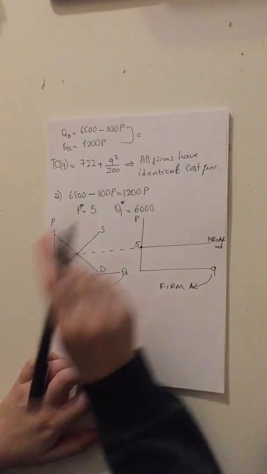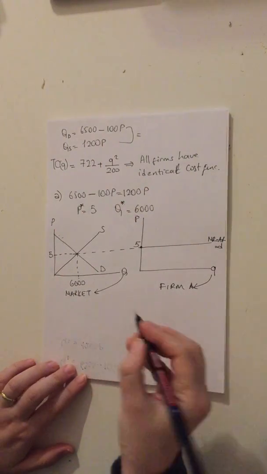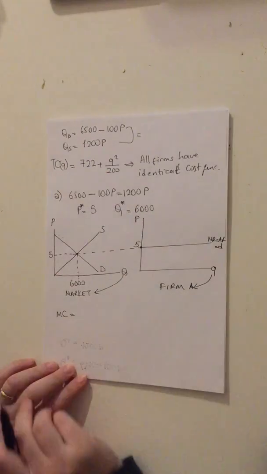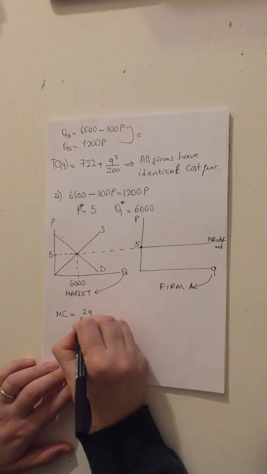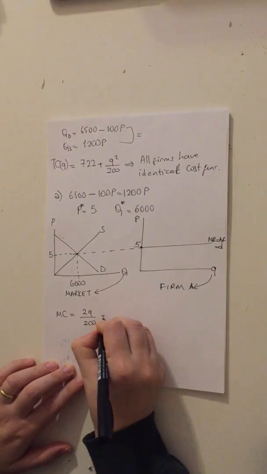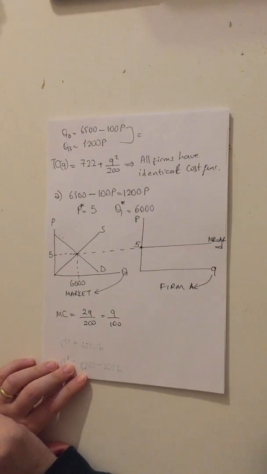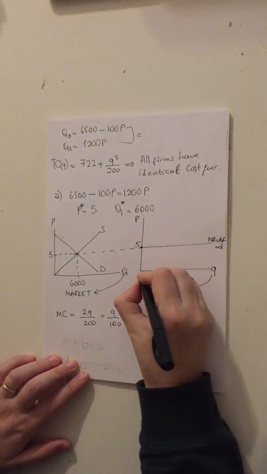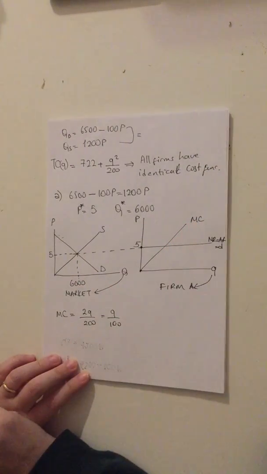So after that we have the cost function which is given in the question. So we need to find the marginal cost by deriving the cost function. It's very easy. 2q over 200 or q over 100 is the marginal cost function. Again, we have positively sloped linear marginal cost function, starts from the origin just like that, marginal cost.